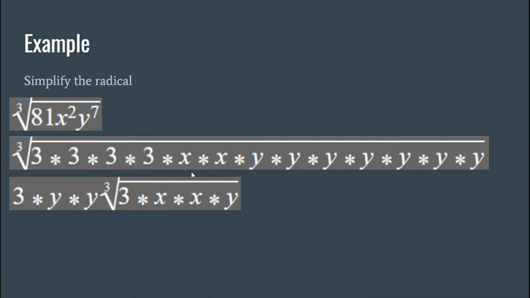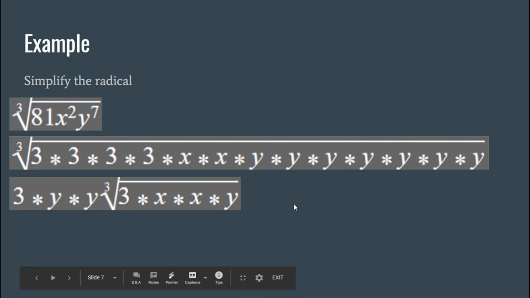Here I got 2 x's, not enough to make 3, so those 2 x's will stay under the radical symbol. Here I got 3 y's, I got enough to take 1 out, and then I got 3 more y's, I got enough to take 1 more out, but I got 1 left over. So this 1 y here, not enough to make 3 y's, so that last y stays under the radical symbol.